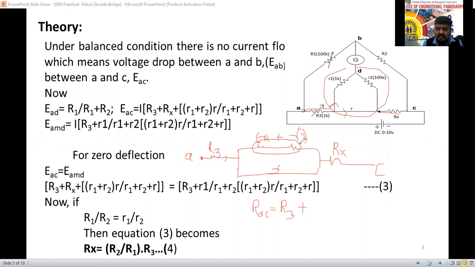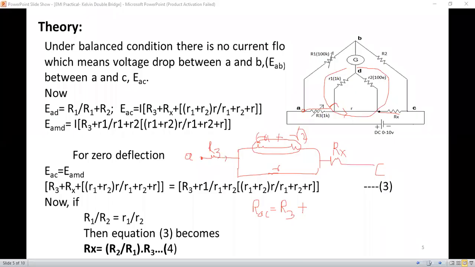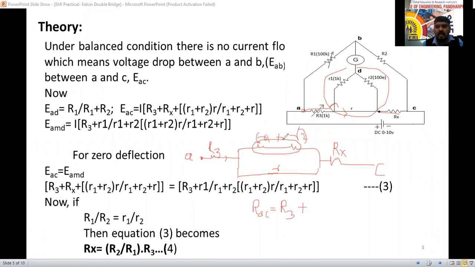So this R1 plus R2 is in parallel with this R.